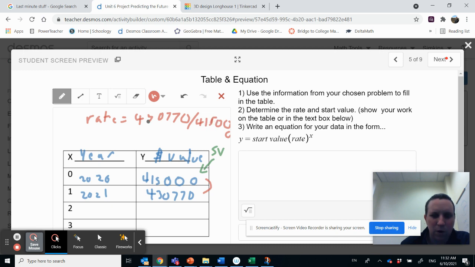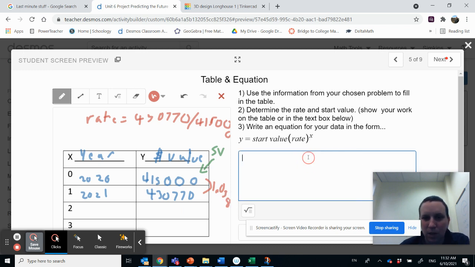So I'm doing 430,770 divided by 415,000, and I got 1.038. So now I'm going to type in my equation. Start value is 415,000. My rate was 1.038. It's raised to the x power.